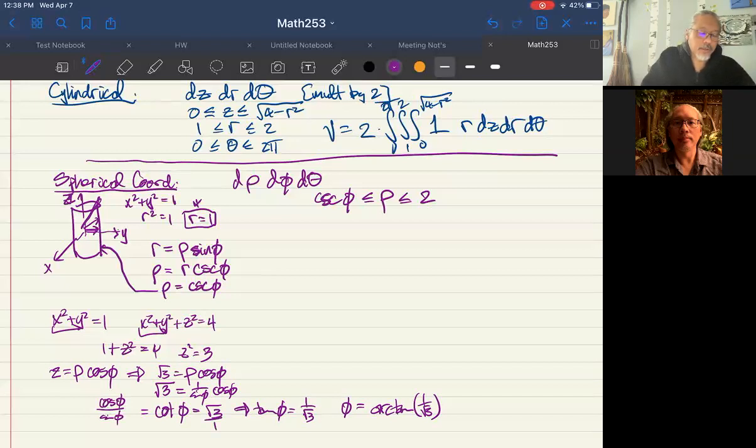So when cosine is root 3 over 2 and sine is 1/2, sine is 1/2 at pi over 6, and cosine is root 3 over 2 at pi over 6. So I think that is going to give us a phi value of pi over 6. So your phi then goes from pi over 6 to pi over 2.